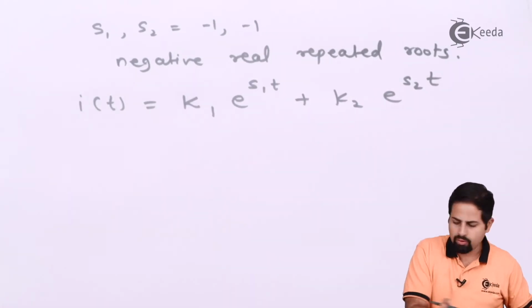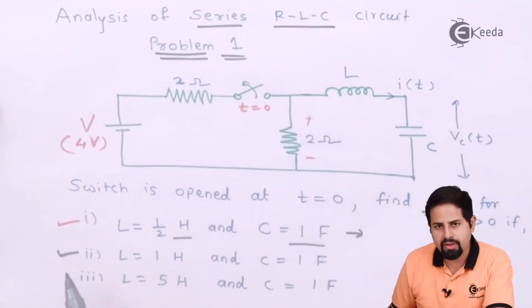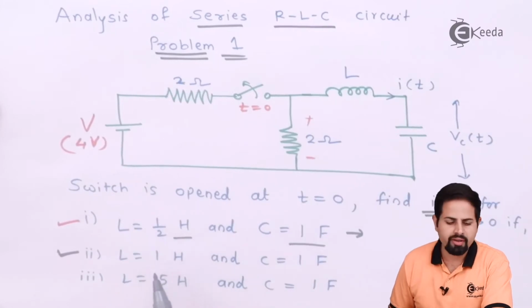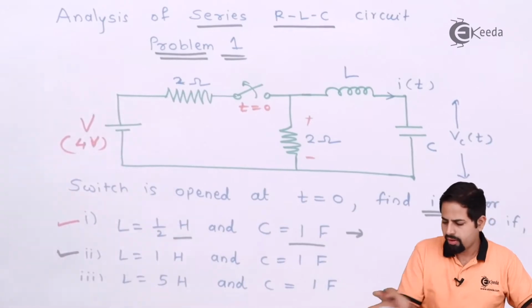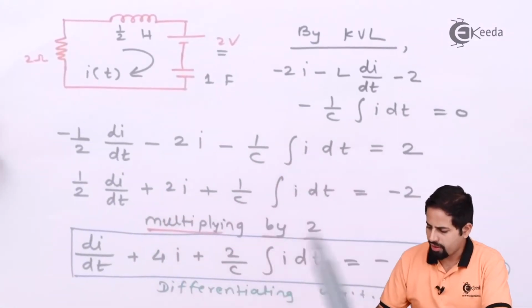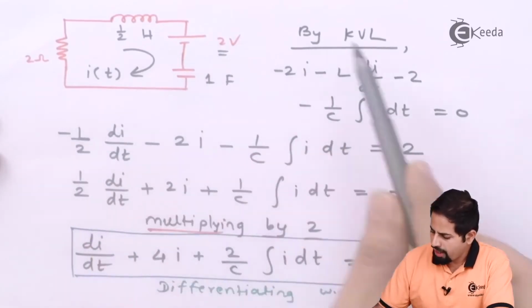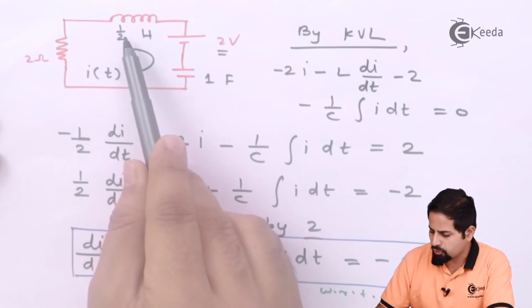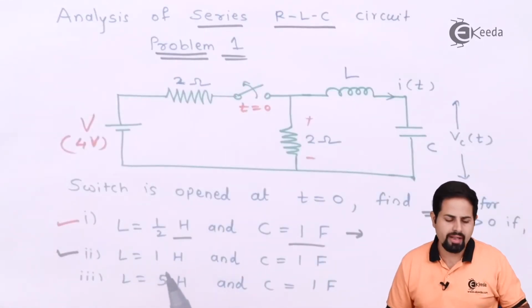Now if you go back to our problem, we are into case 2. Because case 2 has a different L value, the equations that we have already derived will require a slight change. For example, in case 1, this is the page where we derived these equations for the value of L which was 1 by 2, but now that value of L has become 1 Henry, so there will be a slight change.